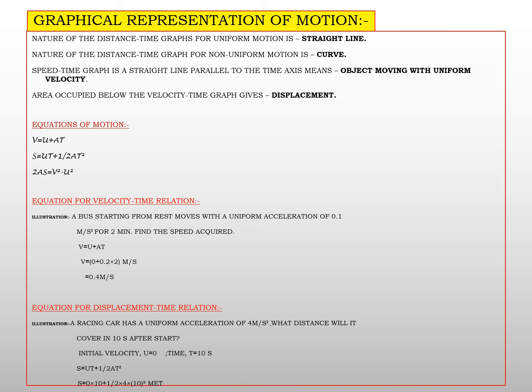Initial velocity is 0, time is given as 10 seconds, plus half, acceleration is 4 meter per second square, and t square is 100. So s is equal to 0 into 10, which is 0, plus half into 4 into 100, which gives 2 into 100, that is 200 meter.